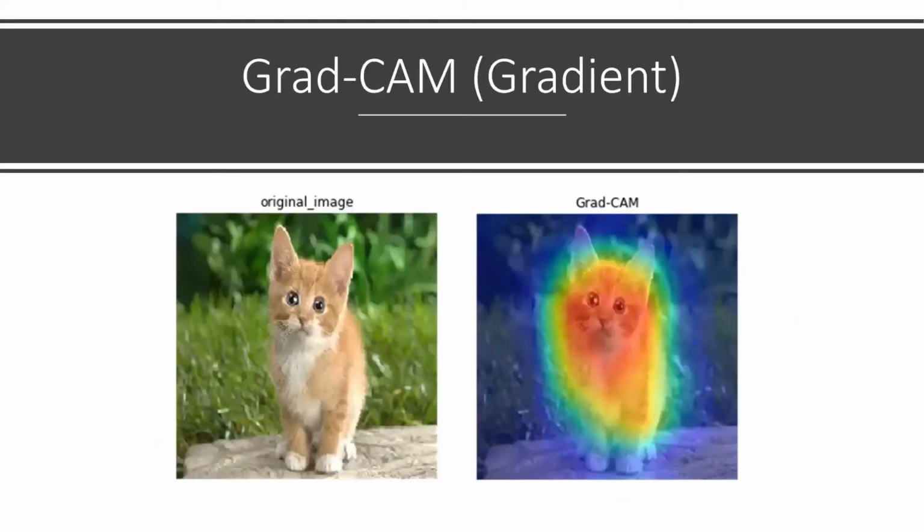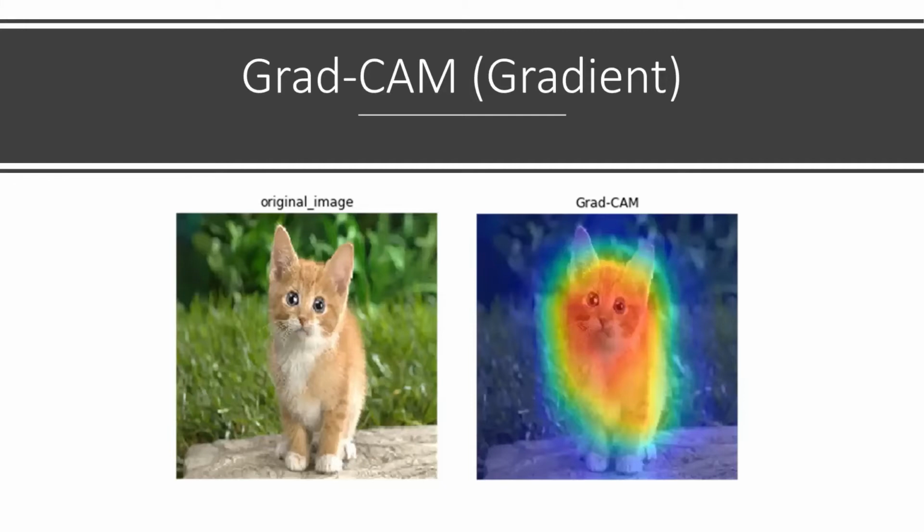The second method is GradCam. It's called gradient cam. Unlike the saliency map, it does not calculate pixel by pixel, but what it does is it generates a heat map of the input pixels.